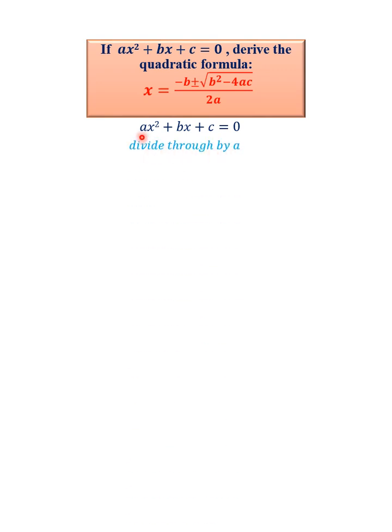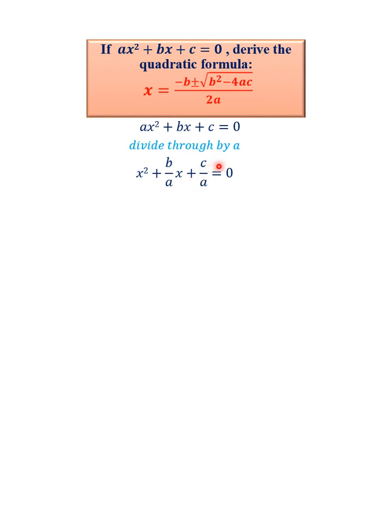If we do that, ax squared divided by a, we will be left with x squared plus b divided by a times x plus c divided by a, and everything equal to 0. Of course, 0 divided by a will also give us 0. So at this point, we want to take the constant term, which is c all over a, to the right hand side so that we'll be left with only the terms with the variables.